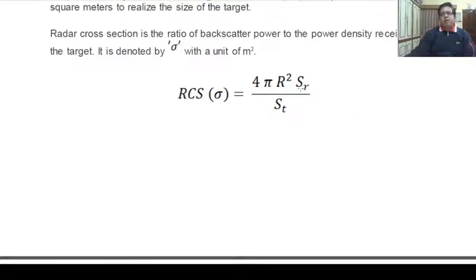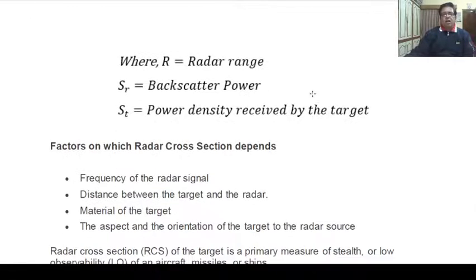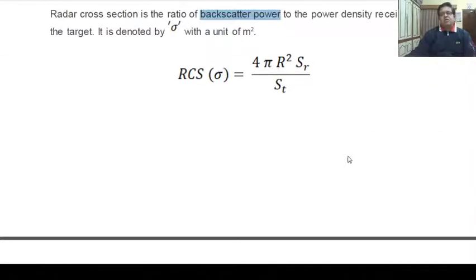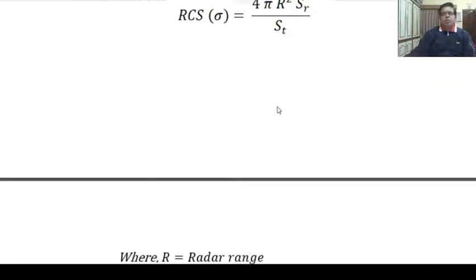In place of reflected power, the term backscatter power is used for SR. ST is the power density received by the target. So sigma equals 4 pi R square SR upon ST.